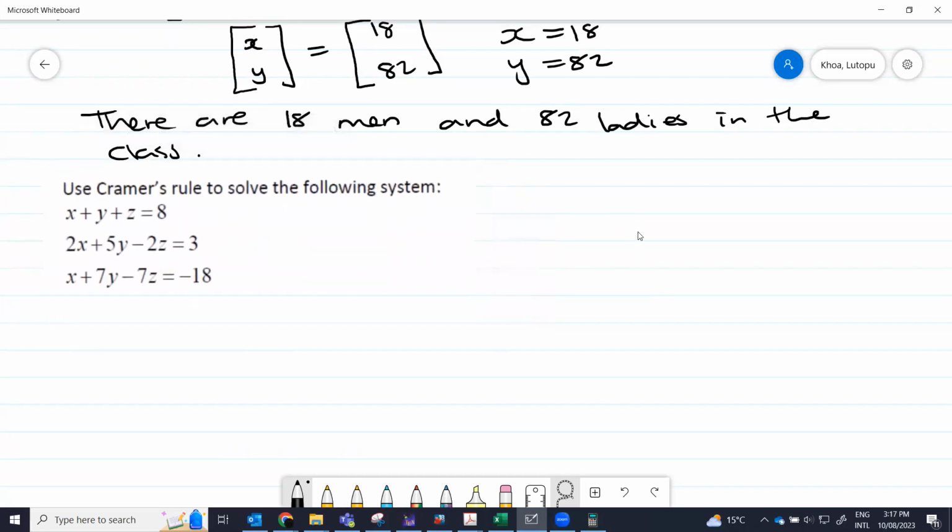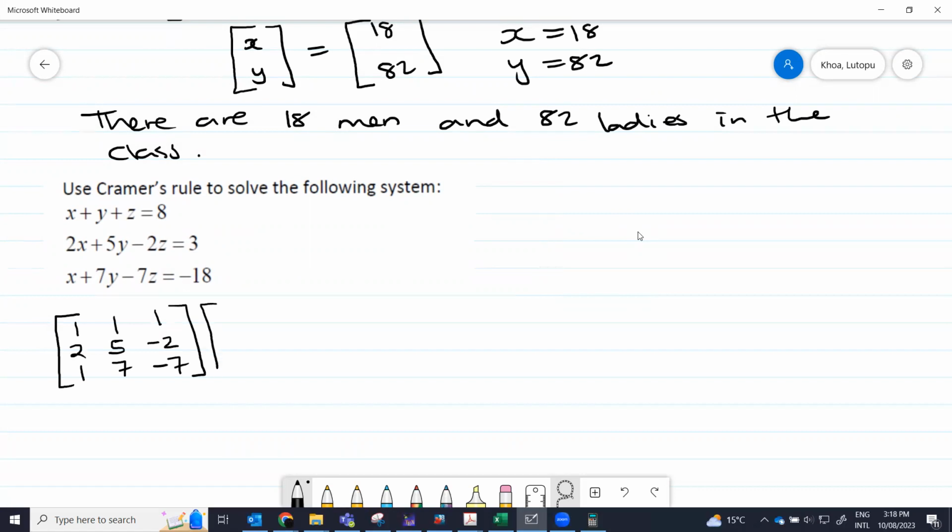Okay, so we have to use Cramer's rule to solve this. The equations are already nicely aligned. We just have to write them in matrix form. So this is 1, 2, 1, 1, 5, 7, 1, minus 2, minus 7.